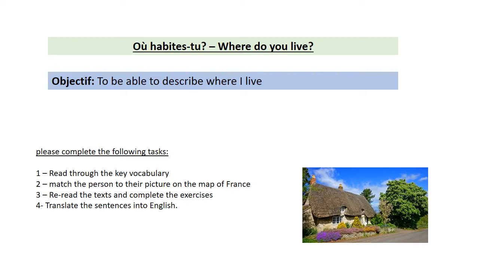Okay, so today we're going to be looking at where we live, from the type of house or building we live in, to the geographical area we might live in on a map, for example, which part of the country we might live in, and we're going to be looking at expressing an opinion on that too. So if you would like to pause the video then and copy down the title, date and learning objective, and I'll rejoin you on the next slide.